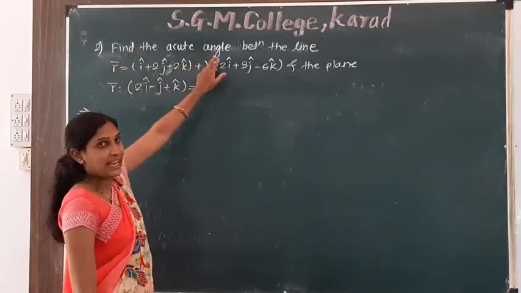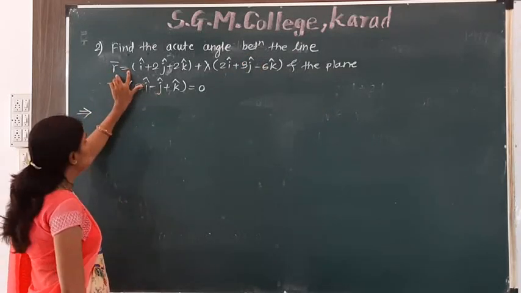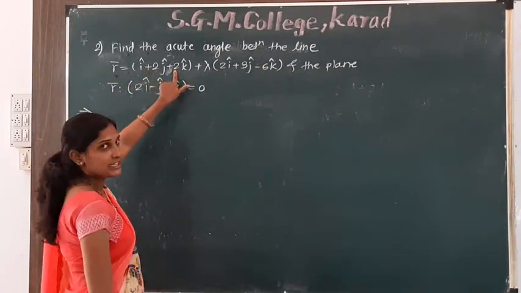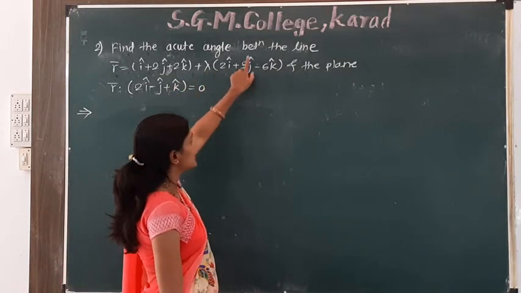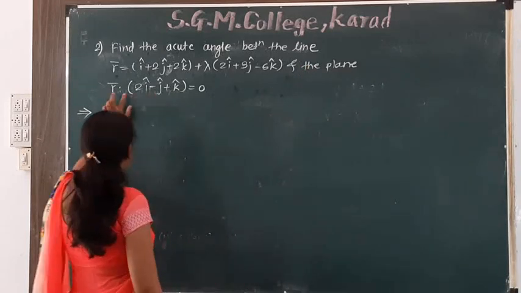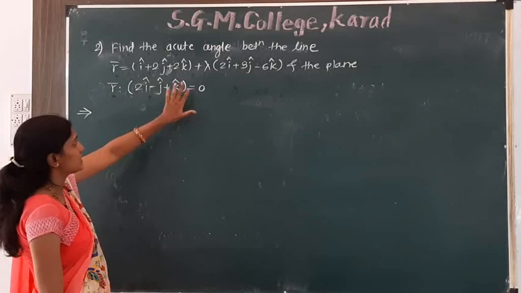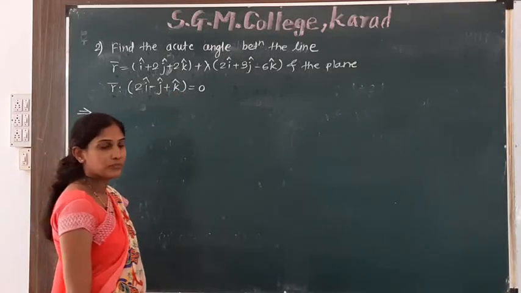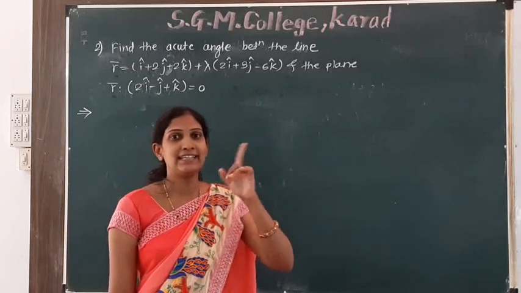Find the acute angle between the line r bar is equal to i cap plus 2j cap plus 2k cap plus lambda (2i cap plus 3j cap minus 6k cap) and the plane r bar dot (2i cap minus j cap plus k cap) is equal to 0. We have to find the angle between the line and the plane.